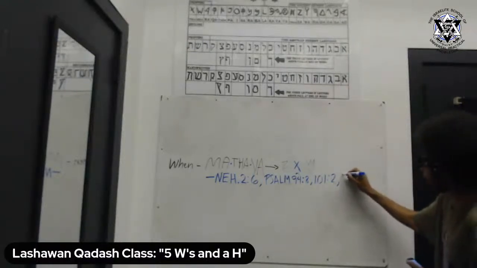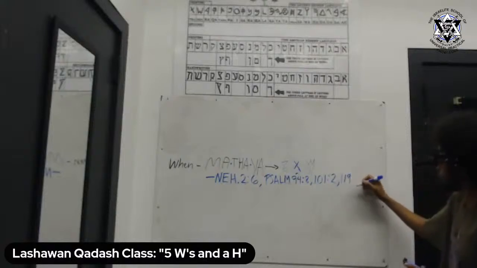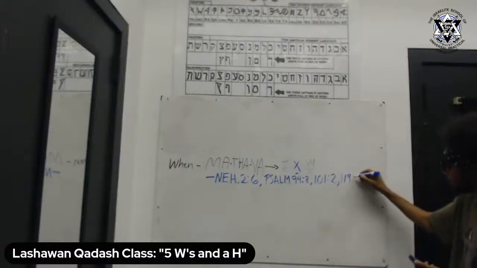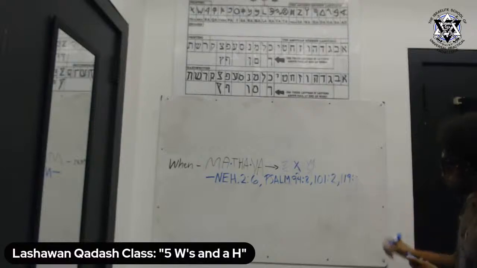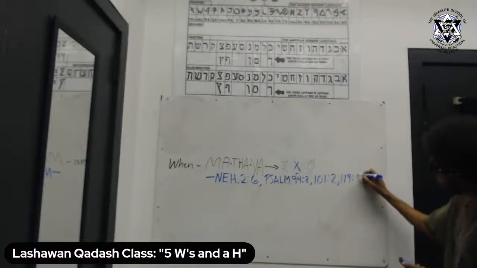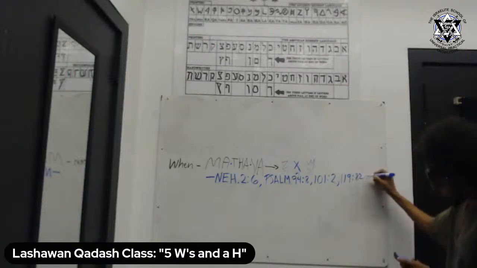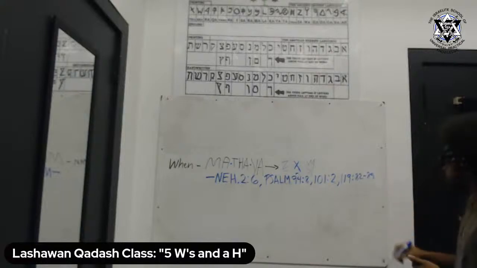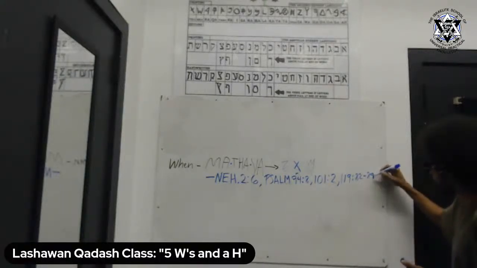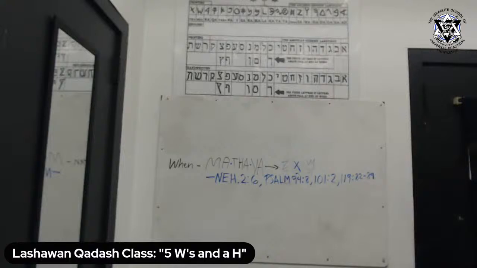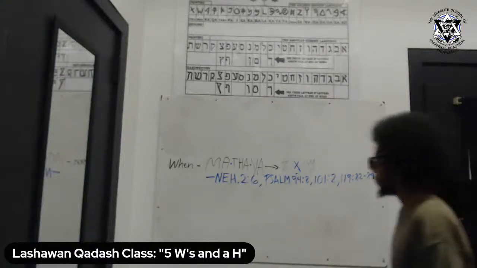We got another one, 119, otherwise 119 if you want to just keep it short and simple, verse 82 through 84. And there's two more.